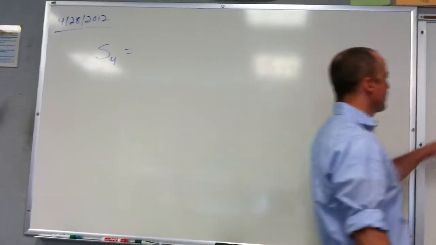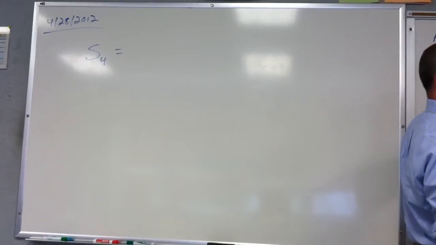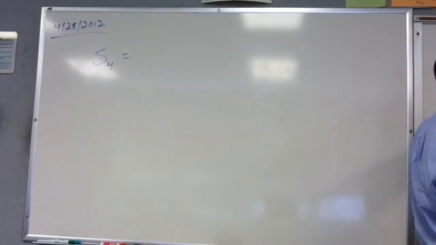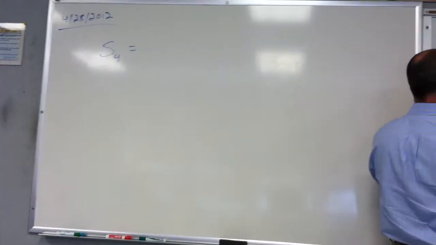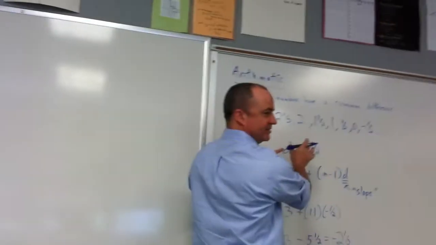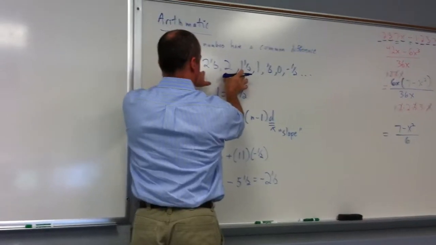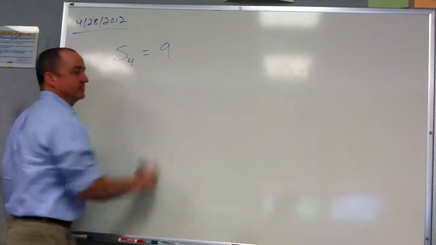I'm getting 9. I just did 3 plus 2 is 5, and 2 plus 1 is 3, and the halves together is 1. 5 plus 3 plus 1 is 9. Nicely done. I like how you grouped that. Okay, so it's 9.